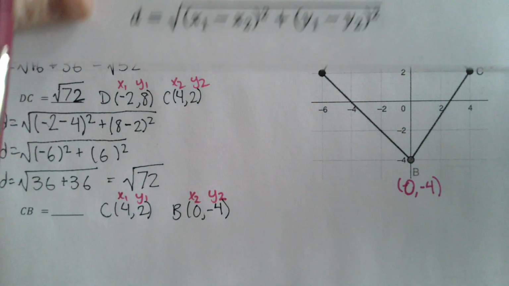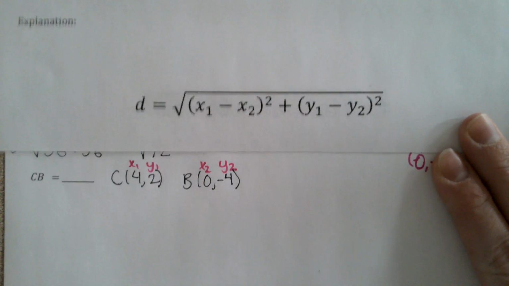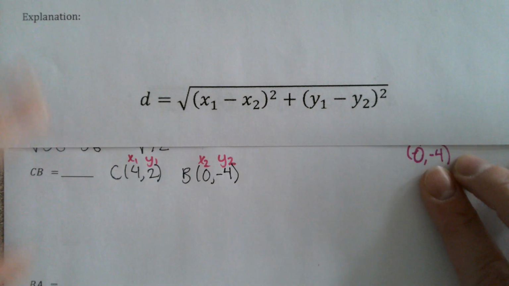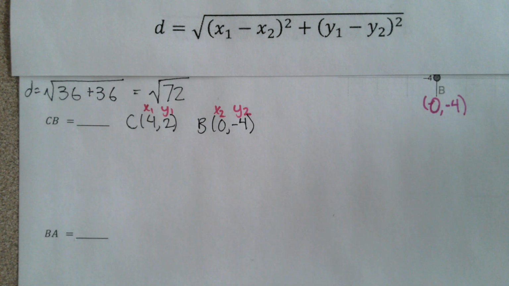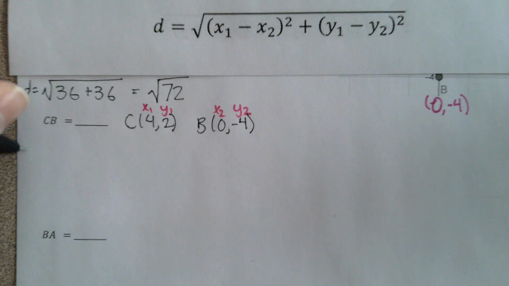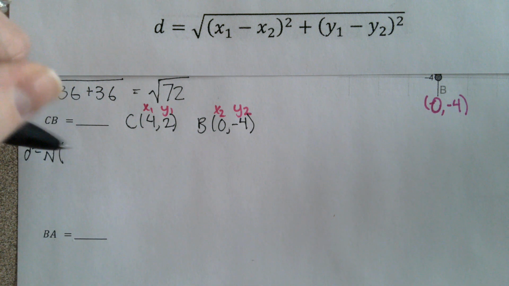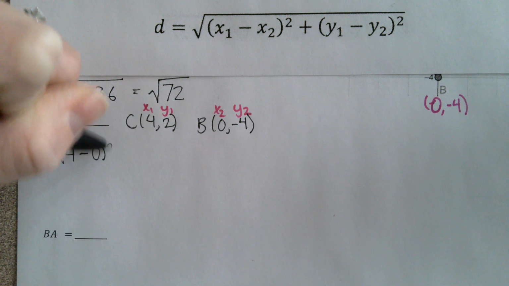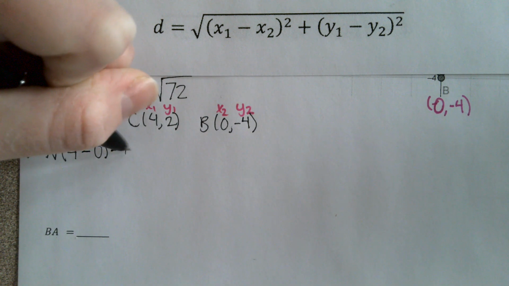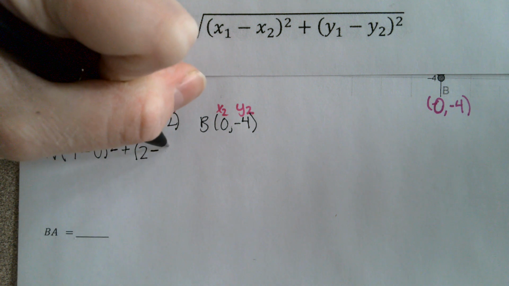You'll know if you forget to label because if you try to jump in and just use the formula, you'll realize, oh, I don't know where to put my numbers yet. So, very easy thing to do. Okay. Now we put in the formula. D equals the square root. X1 is 4 minus x2 is 0 squared plus y1 is 2 minus y2 is -4.